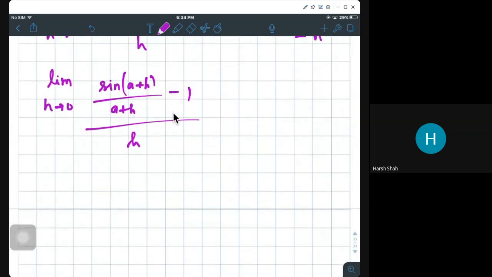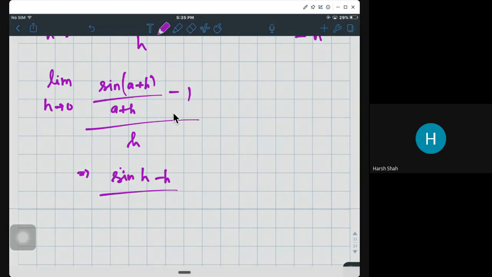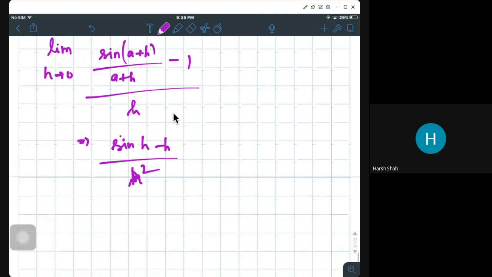Then we can write it as sin(a plus h) minus (a plus h), by h into (a plus h). Here your a is 0, so I can write it as sin h minus h by h squared. Now if I put h as 0, I'll get 0 by 0 form.